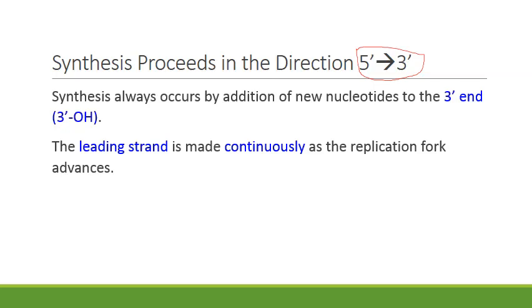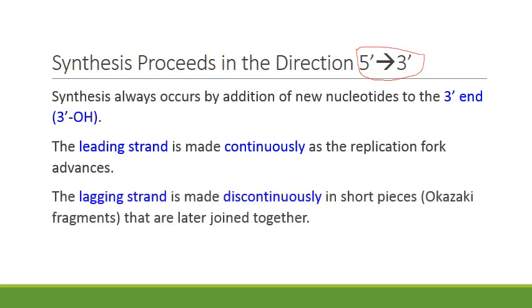In DNA replication, we have two strands, and I'll show you a picture of it in a second, that make up the replication fork: one of them being the leading strand that's made continuously, and the other being the lagging strand that's made discontinuously. In other words, it's made in short pieces that we call Okazaki fragments, after Mr. Okazaki, that are later joined together to make a continuous piece of DNA.